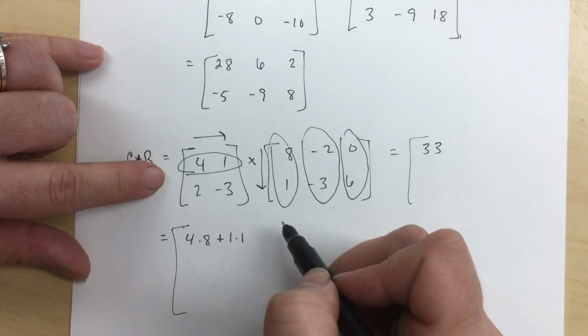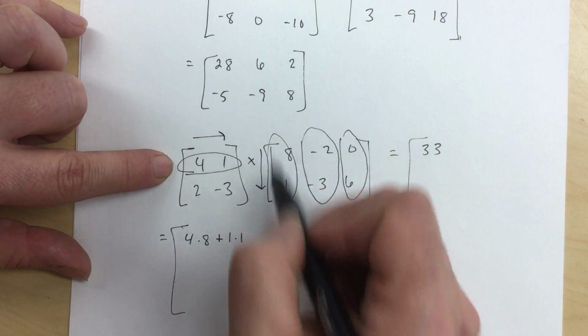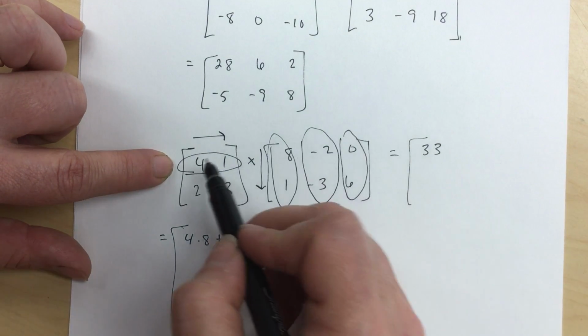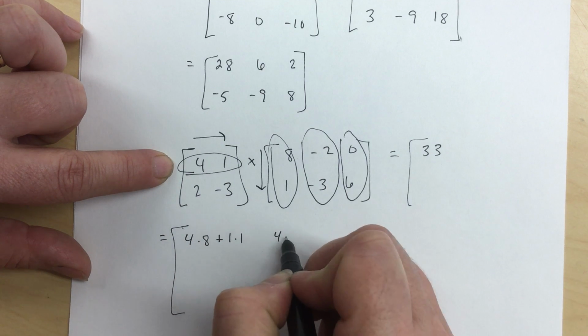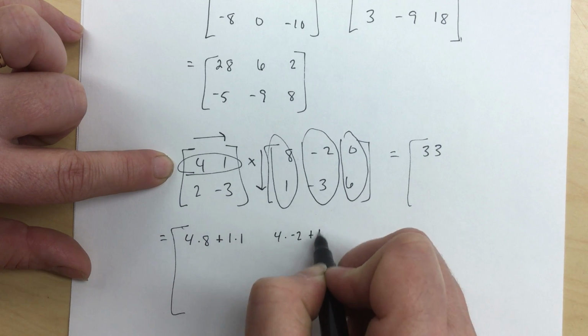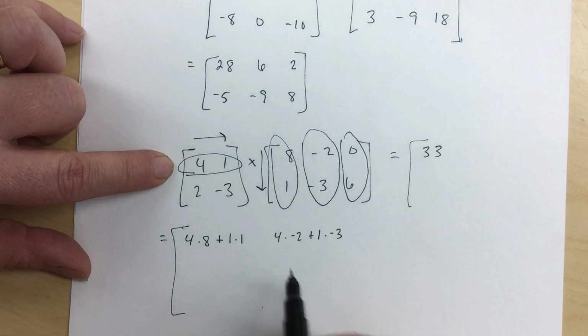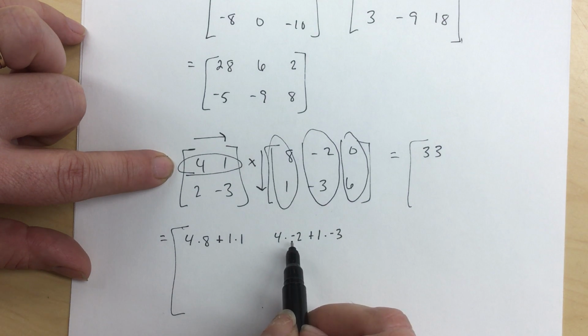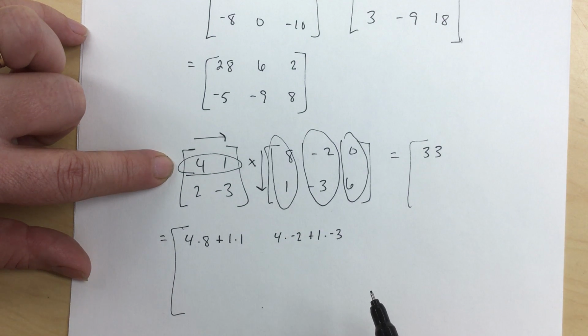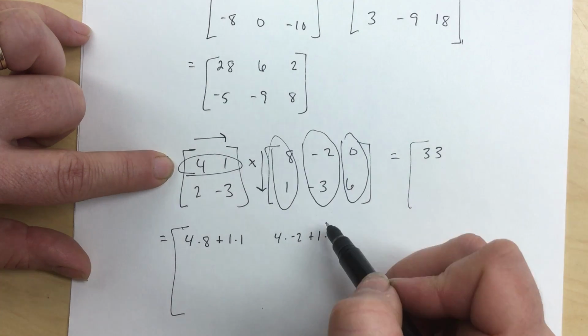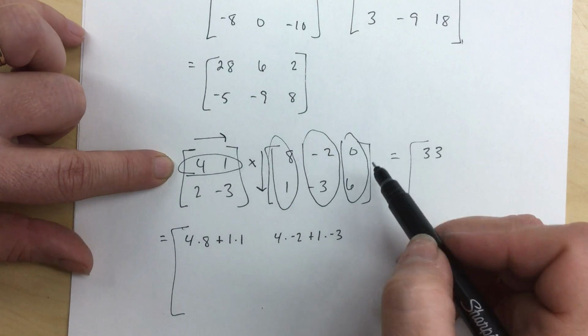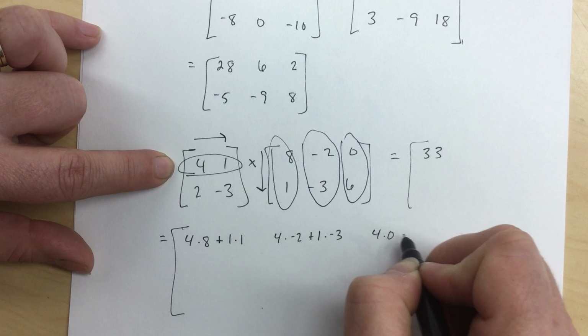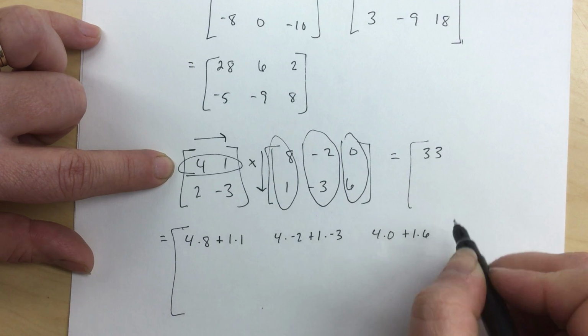Now you're done with this column, you go to the next column. So I'm going to do 4 times negative 2 plus 1 times negative 3. That would be negative 8 plus a negative 3. Now I'm done with that column. I go to the third one, 4 times 0 plus 1 times 6.